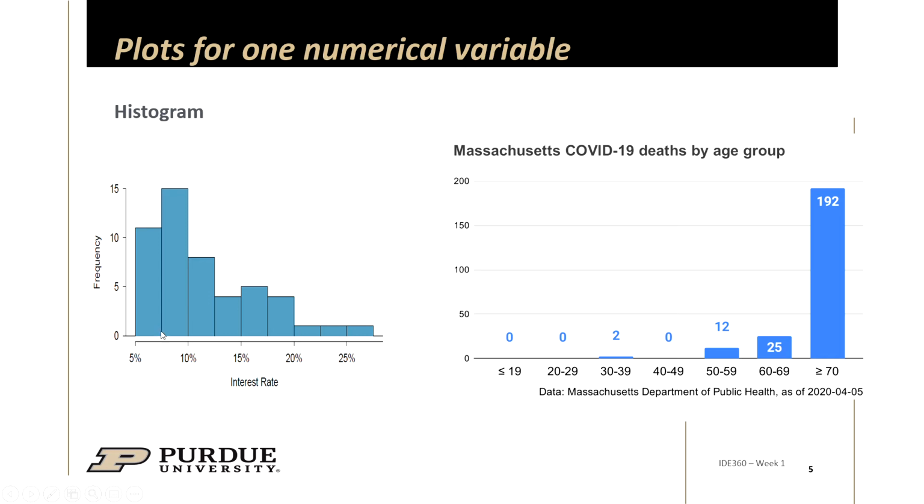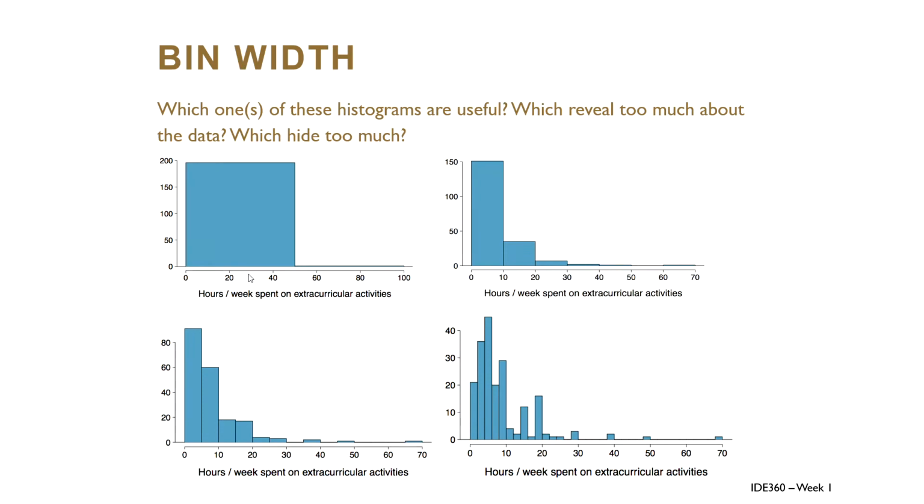You create the bins, or you decide what the bin widths are, and then count within each bin how many observations you have. The bin width is important because if you make your bin width really wide, basically you won't have a lot to say, like in this first case. Then it starts giving some extra detail here, and it gives a lot more detail in the one on the bottom left.